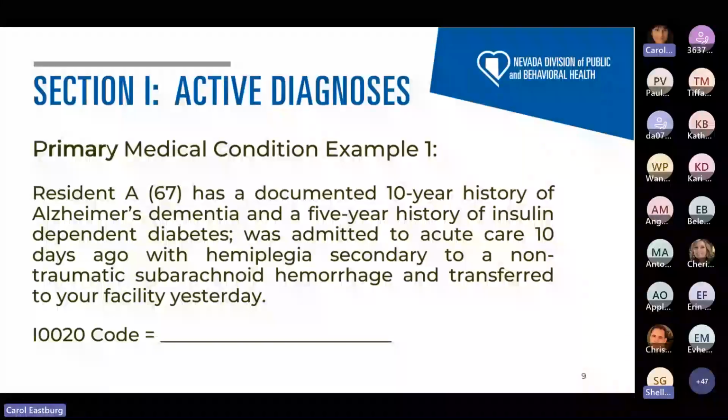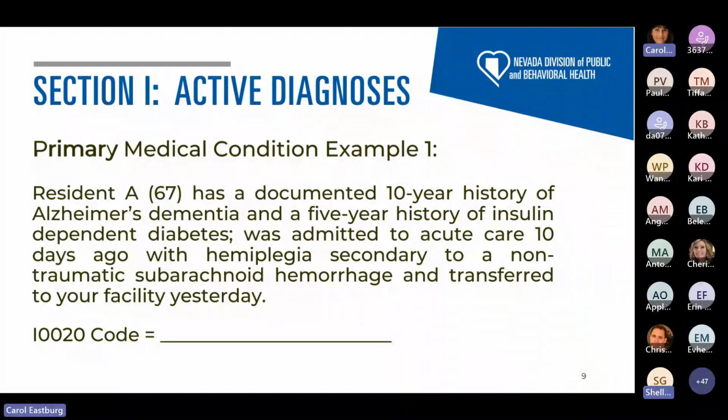Let's consider a few examples. Resident A, who is 67 and has a 10-year history of Alzheimer's dementia and a 5-year history of insulin-dependent diabetes, was admitted to acute care 10 days ago with hemiplegia secondary to a non-traumatic subarachnoid hemorrhage.